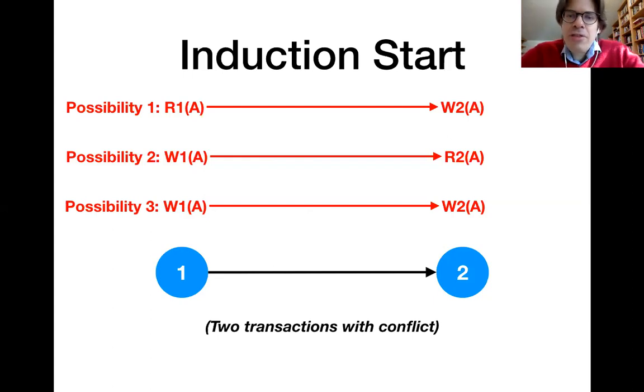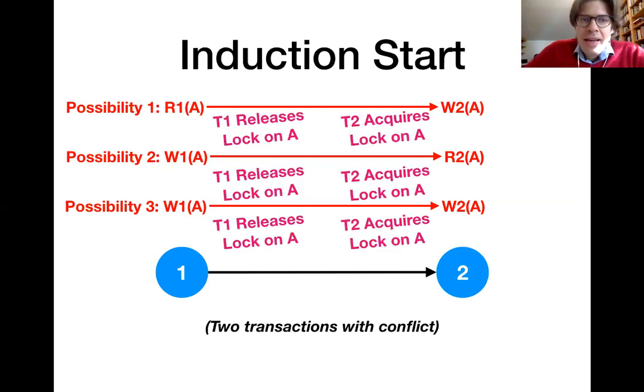Now, in all of those cases, what I need to have is that transaction 1 releases the lock on A before transaction 2 acquires the lock on A. Now, transactions generally need locks in order to operate on objects. And here, for instance, for possibility 1, it seems that transaction 1 had at least the read lock on object A, so it can read the value.